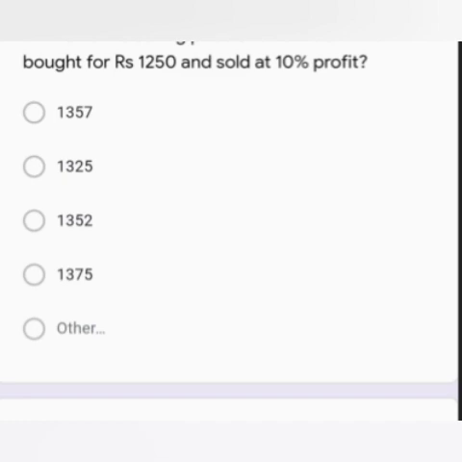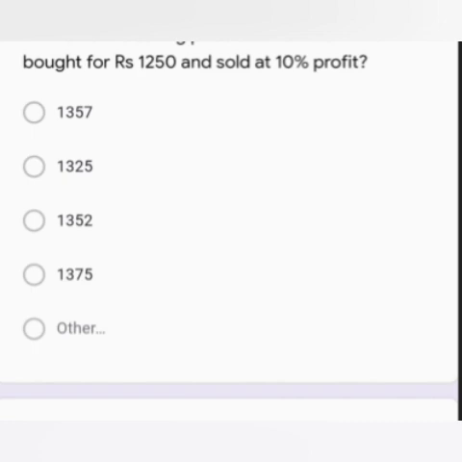Question number 9. What is this question? Look here and see what is given. What is the SP of an article if it is bought for rupees 1250 and sold at 10% profit? Children, you have to see what is given here. CP is given 1250.